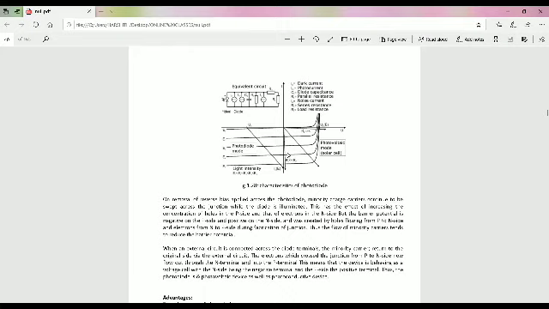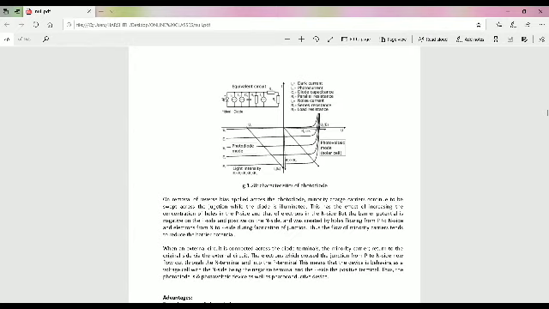When light is allowed to fall on the PN junction through a small window, photons transfer energy to valence electrons to make them free. Hence the reverse current increases, and it is proportional to the light intensity.